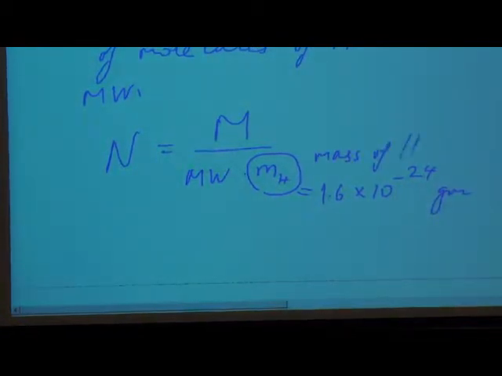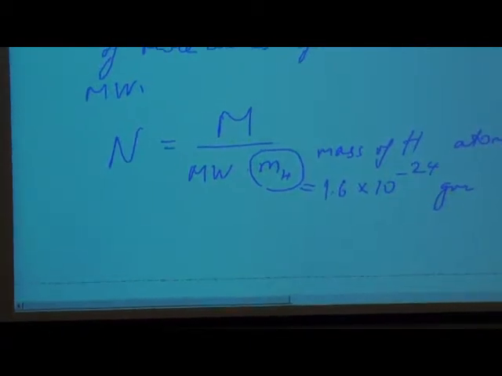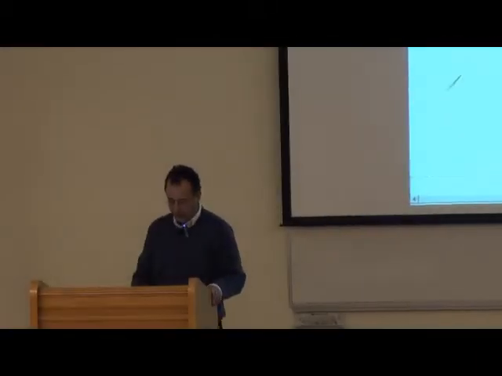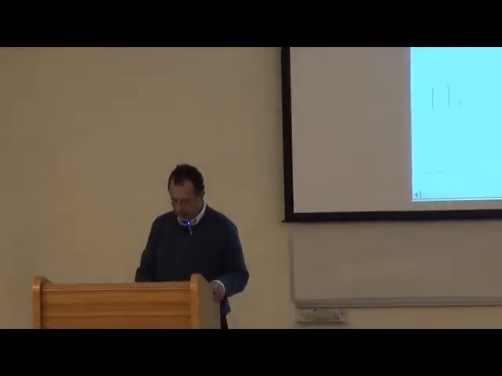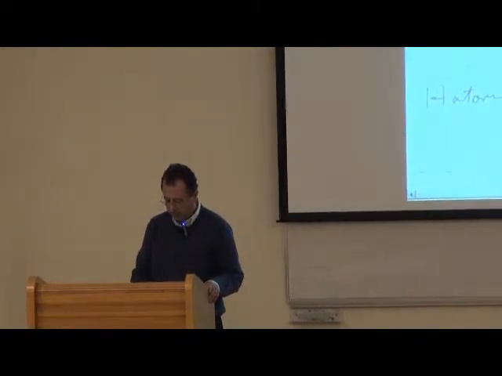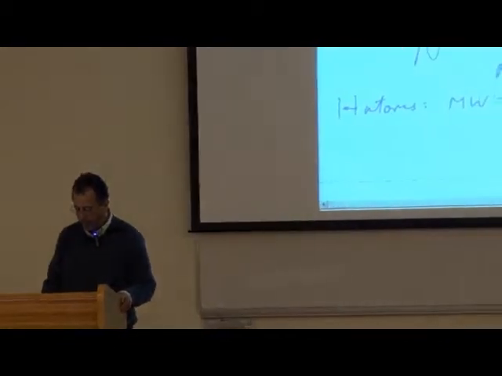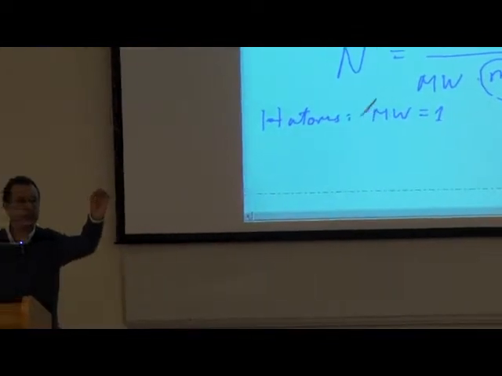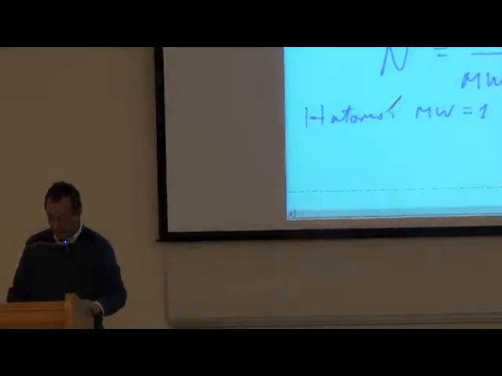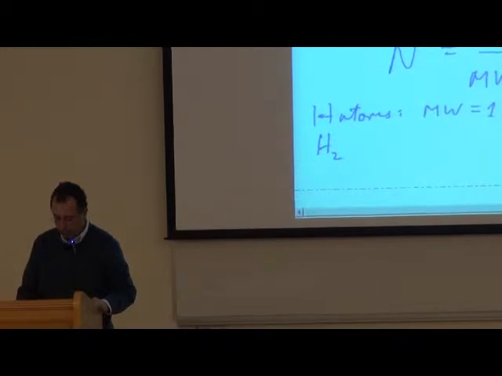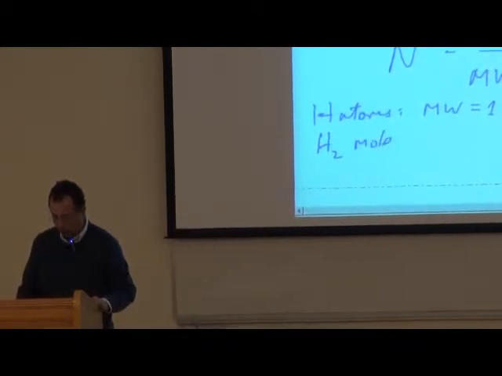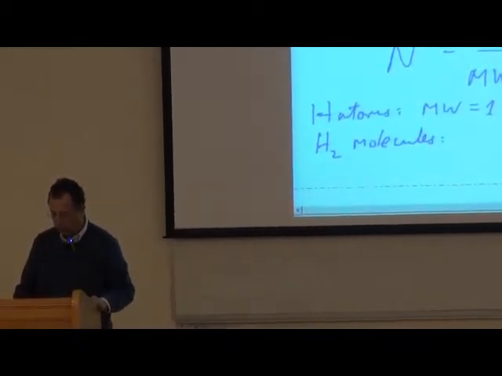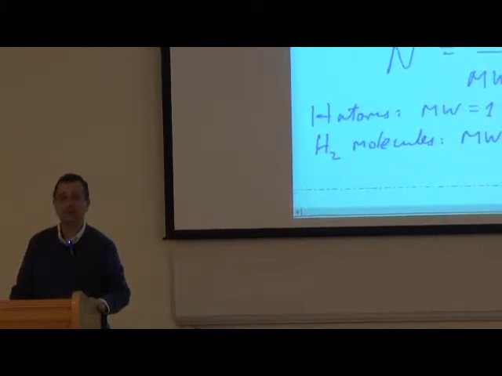So what does molecular weight mean? If you have H atoms, hydrogen atoms, molecular weight equals 1. Every little particle is just one atom. If you have H2 molecules, what is the molecular weight?